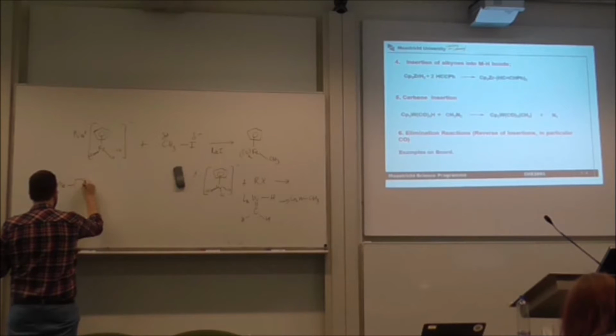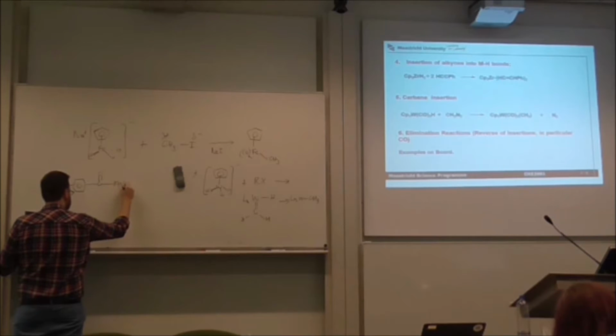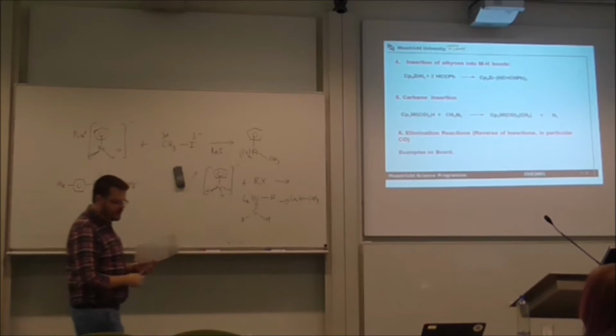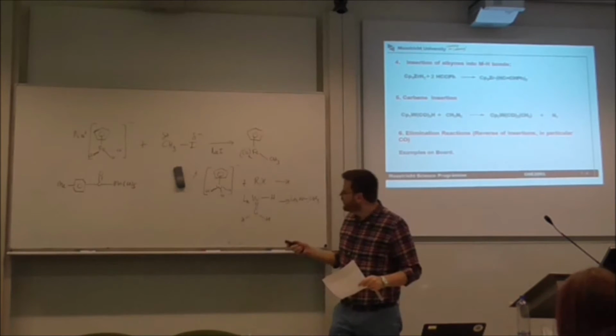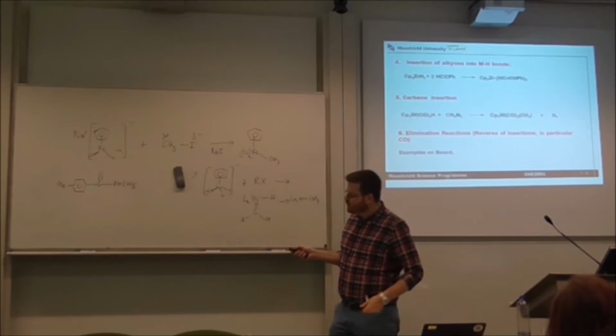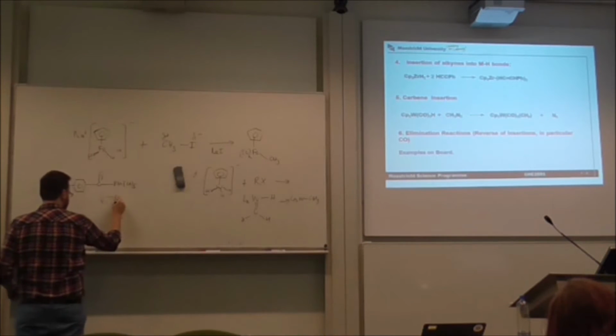Here's an example from the literature. There's a manganese carbon pentacarbonyl compound that's bound to this thing here, which is an acyl. We call this, CO bound to a metal, an acyl functionality. And if we heat this up, we lose carbonyl.